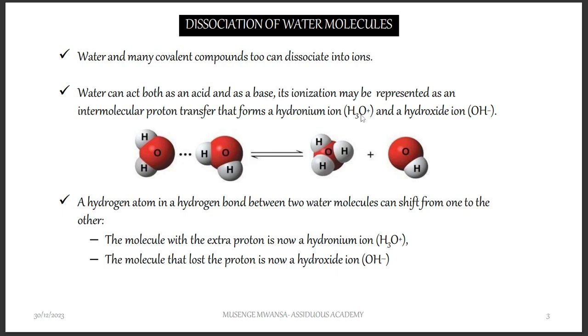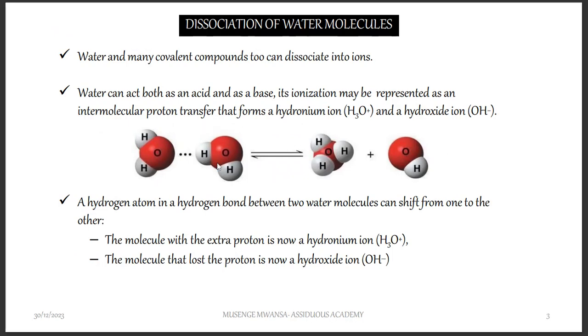But in solution, the concentration of hydronium is the same as the concentration of hydrogen ion, because they are both positively charged. So that's the same when you are finding the pH. pH is equal to the negative log of the concentration of hydrogen, or the negative log of the concentration of hydronium, because it's the same.